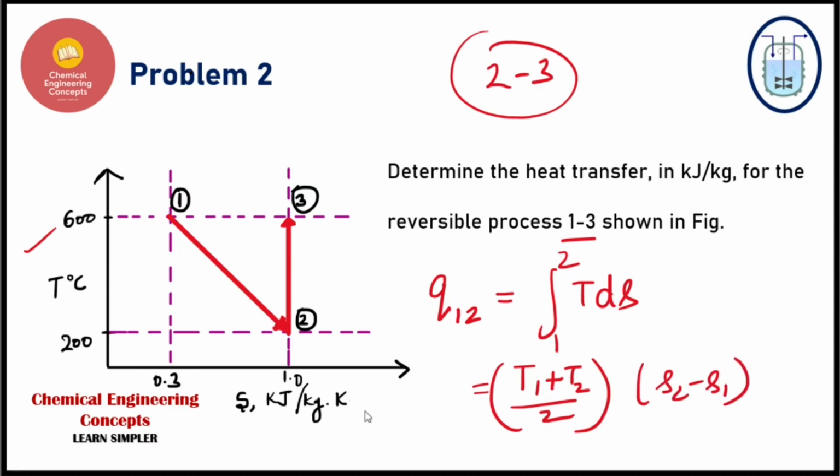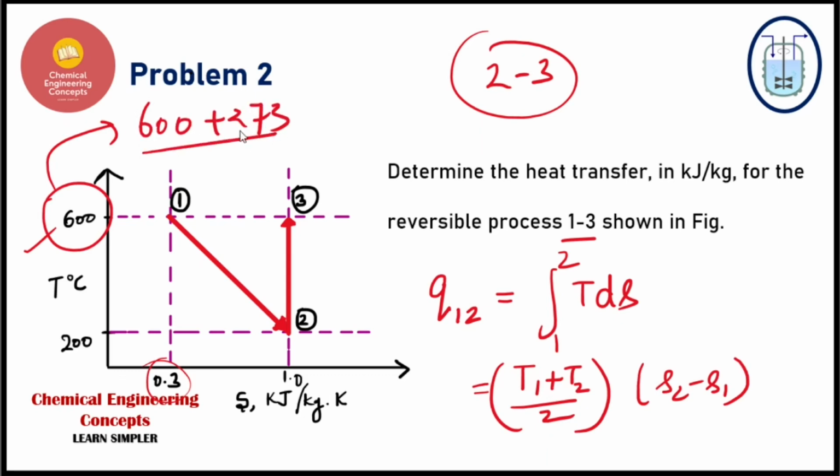S2 we know that it is 1 and S1 is 0.3, you can see this, right? And if I talk about the temperatures, you know both the temperatures. First thing first, please remember that you have to use the temperatures in absolute value, that is 600 plus 273. तो guys, हमेशा याद रखना जब भी एंट्रोपी का क्वेश्चन आए, हमेशा टेम्परेचर को आप एब्सोल्यूट वैल्यू, दैट इज केल्विन्स में चेंज करके ही यूज करेंगे, right? So this is an important point and here the answer will come up to be 471 kilojoules per kg, right?